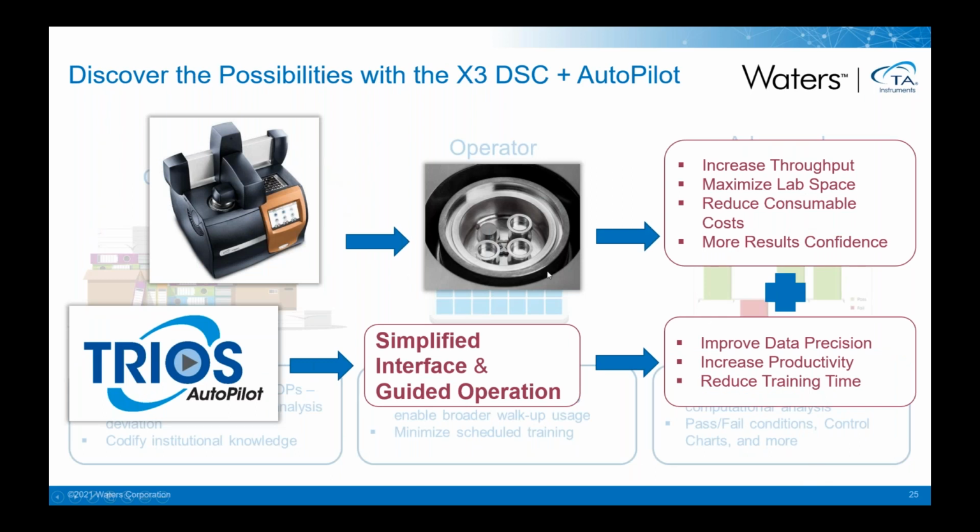But the Discovery X3 DSC provides that increase in sample throughput, maximizes lab space by reducing bench usage, reducing consumable costs from purge gases, liquid nitrogen, and so forth. But ultimately giving you, just in the instrument alone, more confidence in the results, more confidence in the interpretation that you might see.